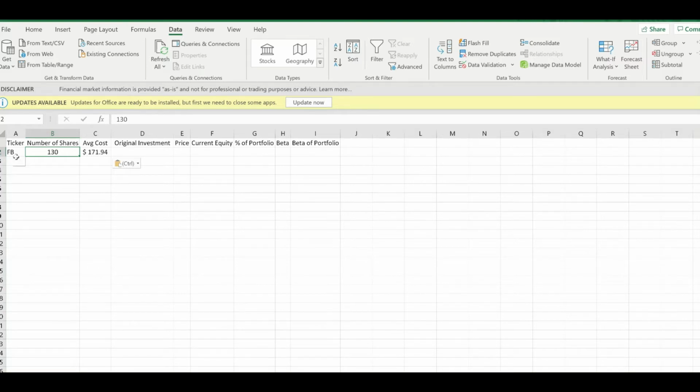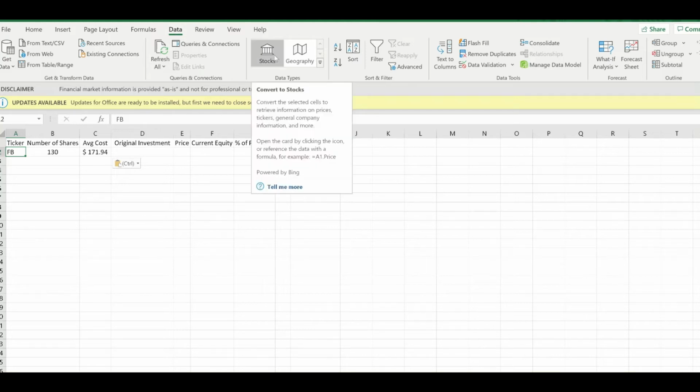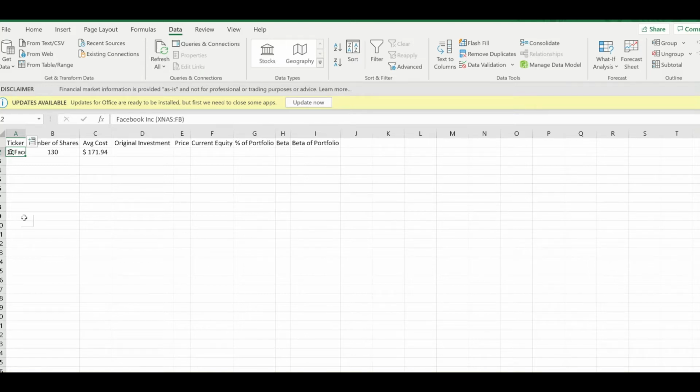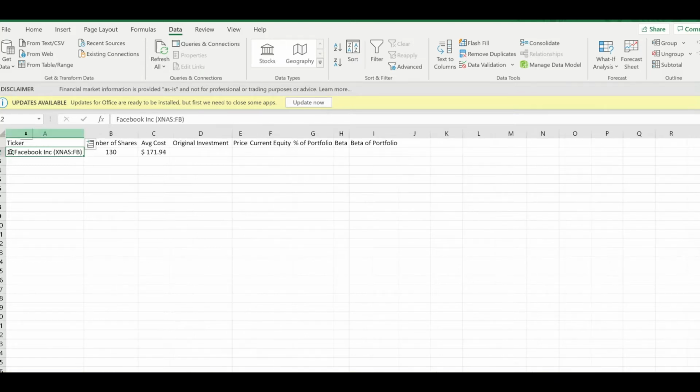Okay, now what you need to do is click on Facebook and go to the Data tab on Excel, and here you'll see a stock symbol. Click on it, and now the API for Excel fetches the data and populates the ticker symbol for you.